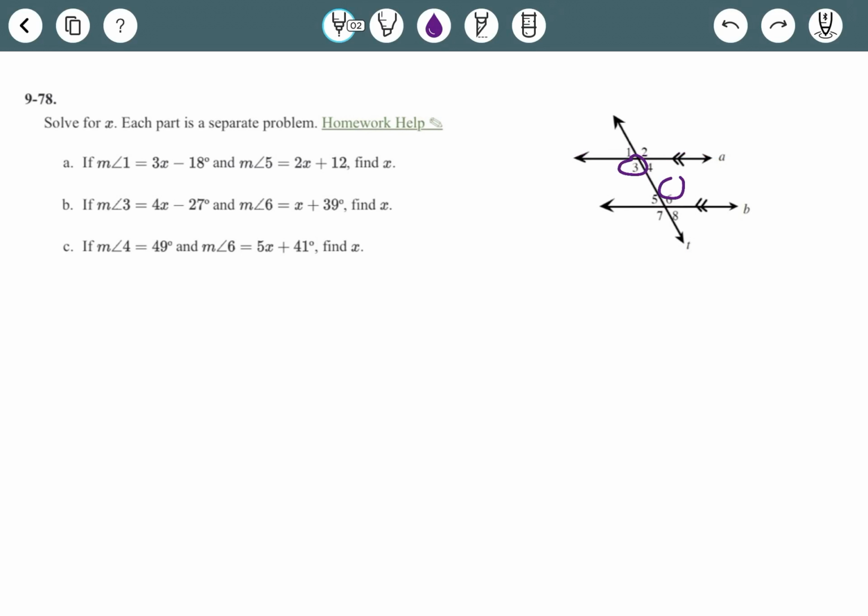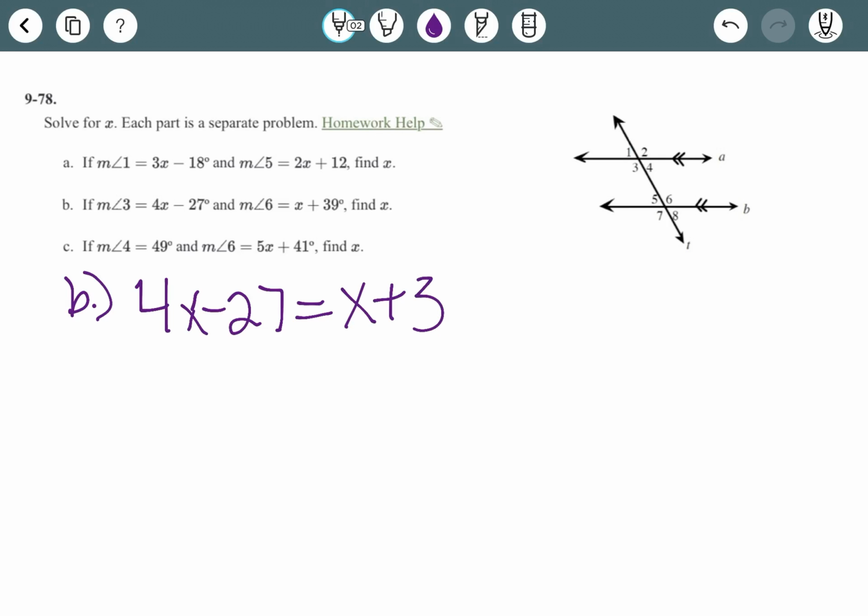So alternate interior angles have equal measure. That's going to help us write our equation. We're going to do 4x minus 27, that's our measurement of angle 3. We know it's equal to the measure of angle 6, so we set it equal to x plus 39.